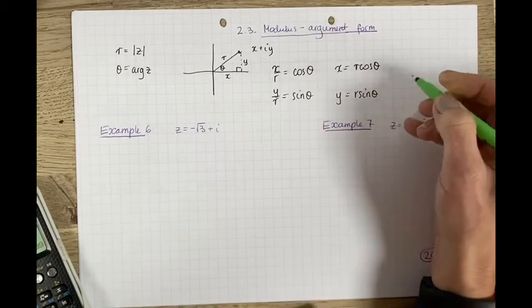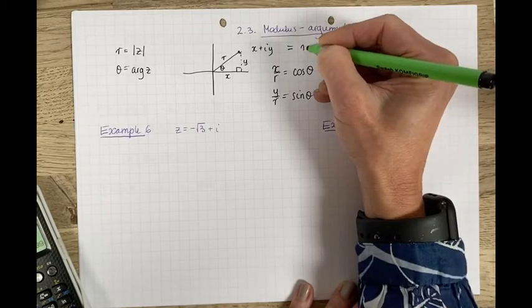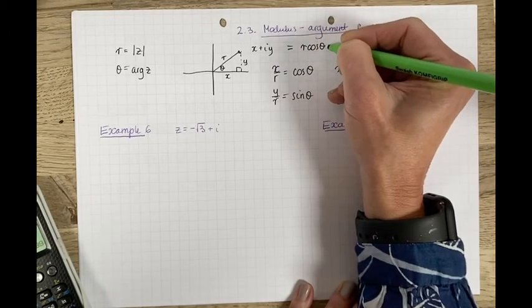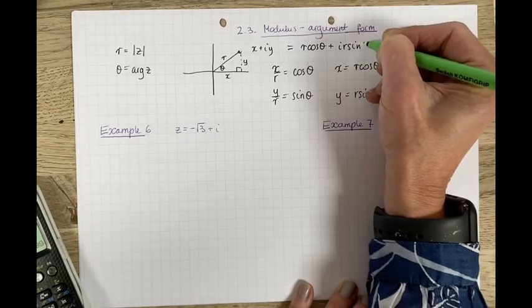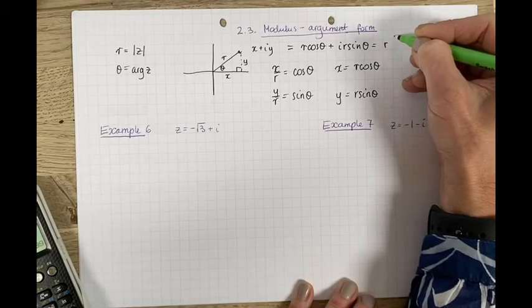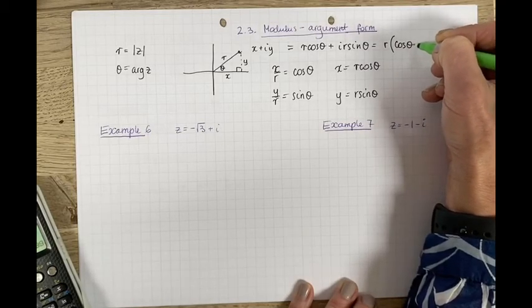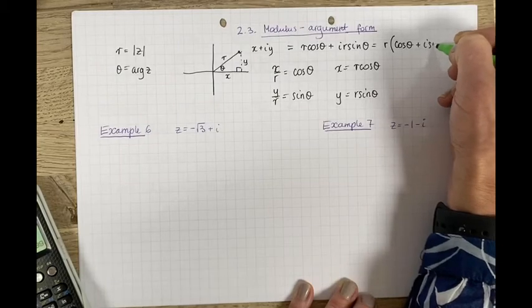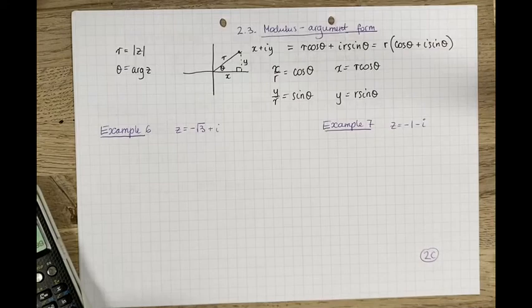Now if you put these two into our complex number, then you get r cos theta add i r sine theta, and then you factorize r in front of the bracket, and you'll be left with cos theta plus i sine theta in the brackets.